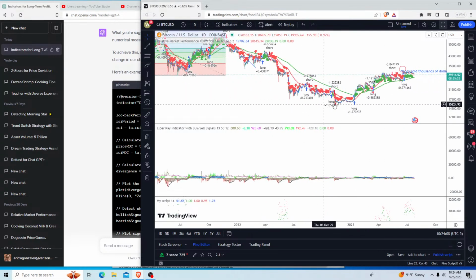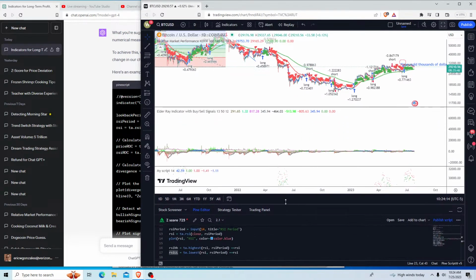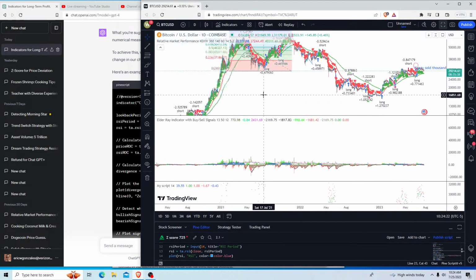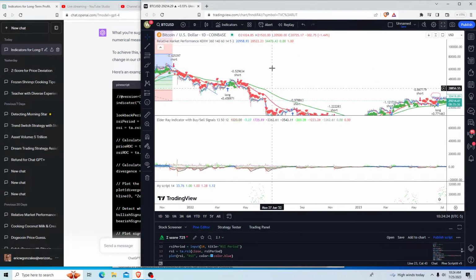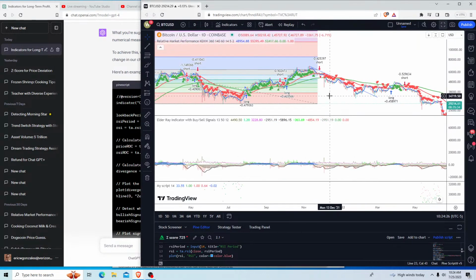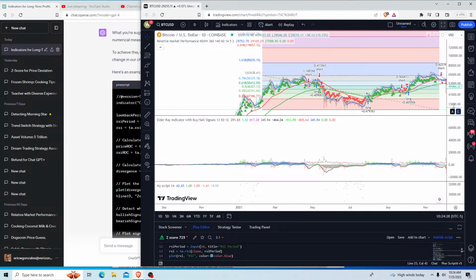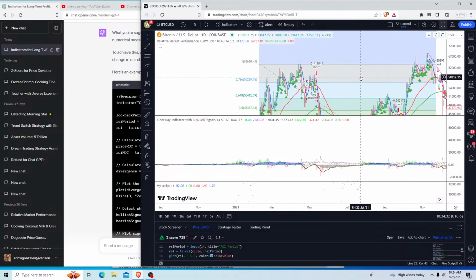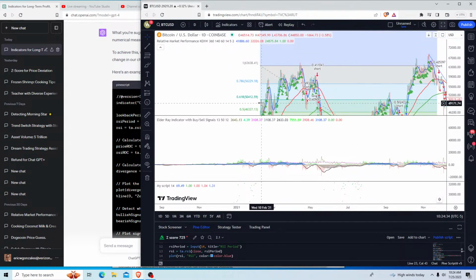All right, so divergence, right? We're looking for divergence between... like at the very tops and bottoms of markets, you see exactly this type of action, right?